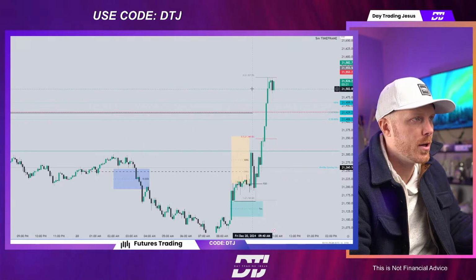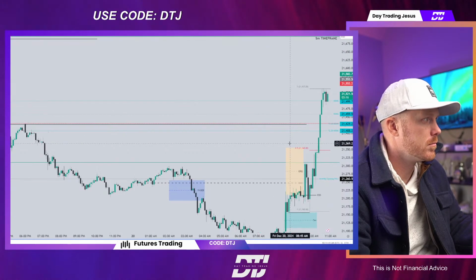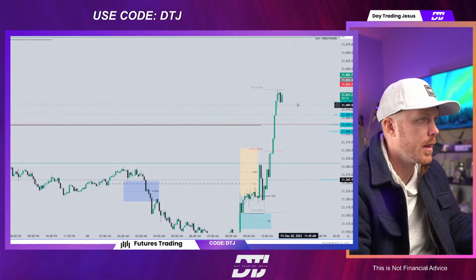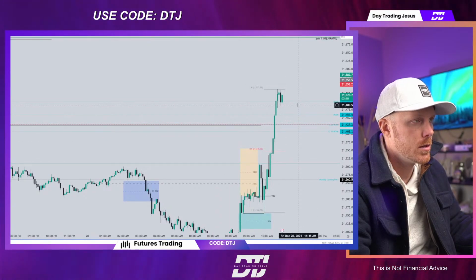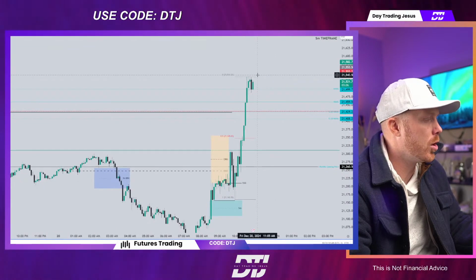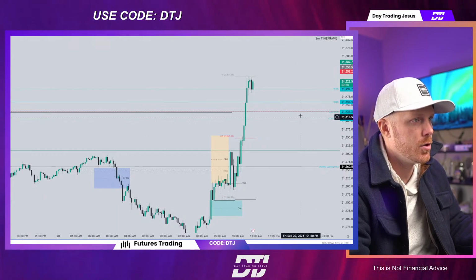I think we'll probably go higher. We found some support at this new day opening gap. We could get a bigger retracement, but I wouldn't want to go long until we had a larger retracement, something that was convincing that it wanted to go lower, and then it finds support at the new day opening gap.